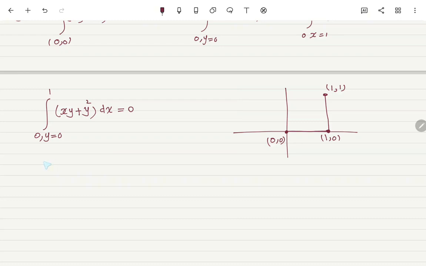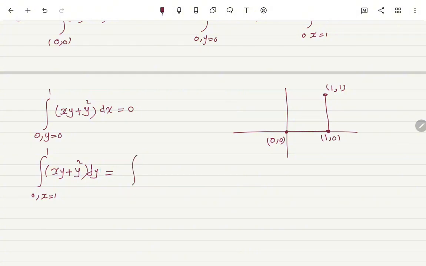Now the second part, which is in this case here from 0, x equal to 1 here, xy plus y square dy, this one here equal to, we should substitute x equal to 1 because it's constant. It's not changing over the y integral.